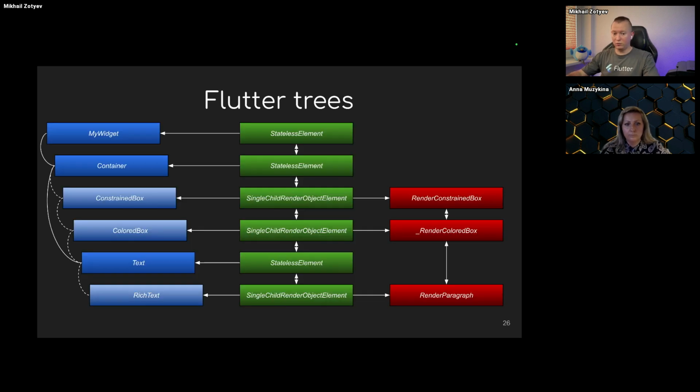And we also mentioned that all elements are build context, so they implement this interface. But in this interface, there is an interesting property, the getter render object.